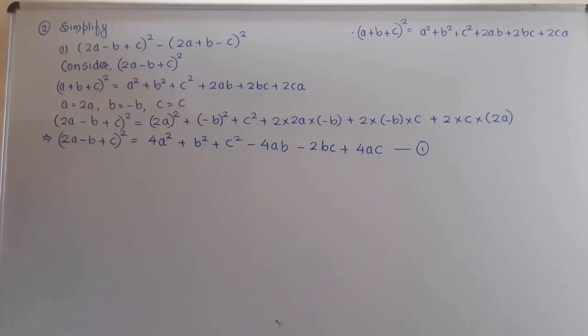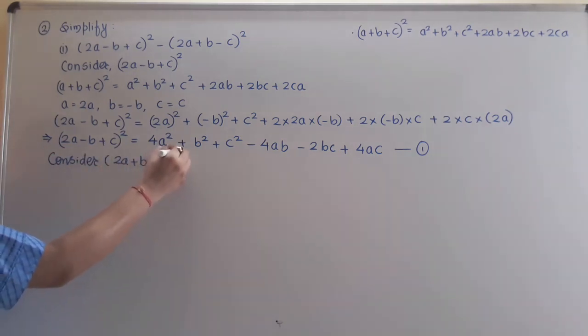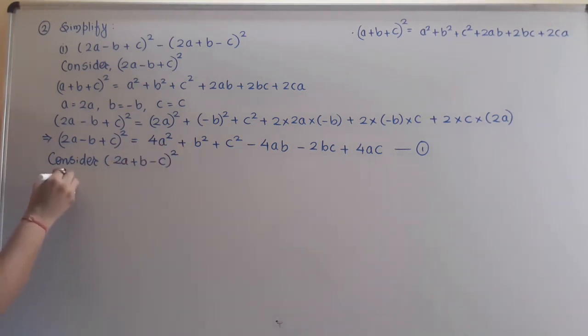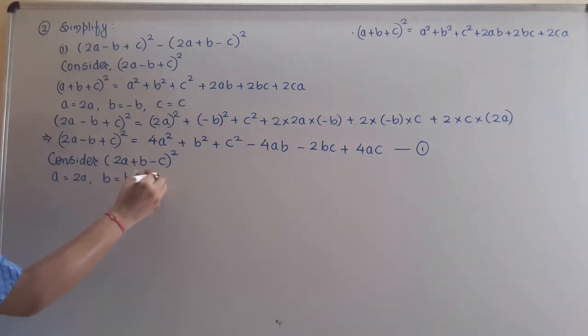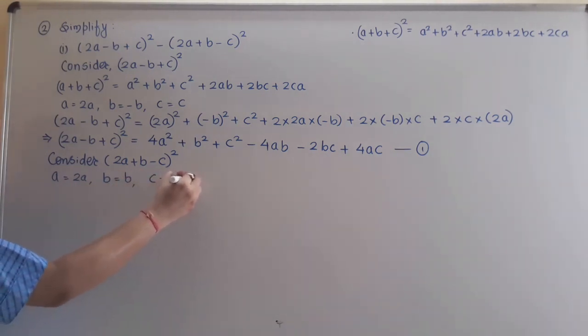So consider (2a + b - c) whole power 2. What will be the value of a here? That will be 2a. b will be equal to b and c will now be minus c.